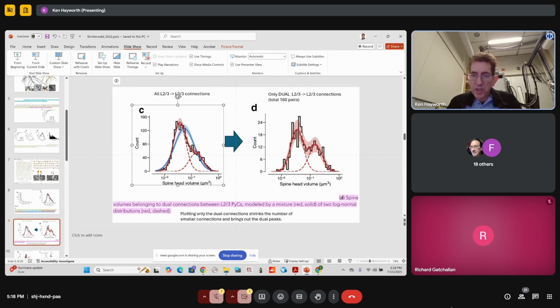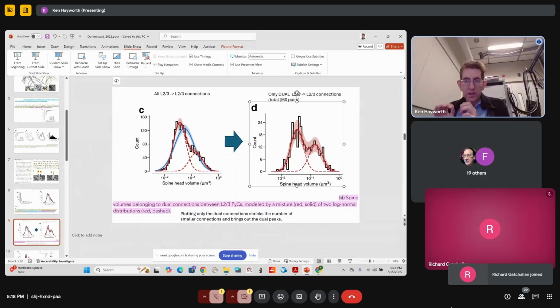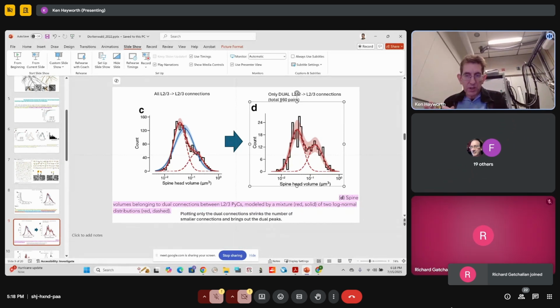When they go over and, instead of looking at all of the connections, including the single connections, only look at the pairs, the 160 pairs of synapses that have the same pre and postsynaptic cells, then it looks much more bimodal.